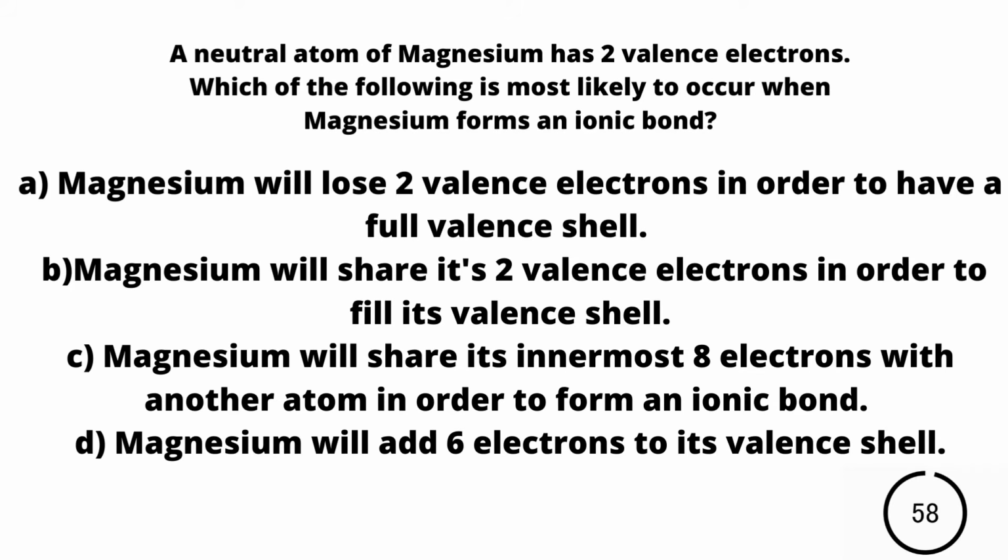Question number 6. A neutral atom of magnesium has 2 valence electrons. Which of the following is most likely to occur when magnesium forms an ionic bond?